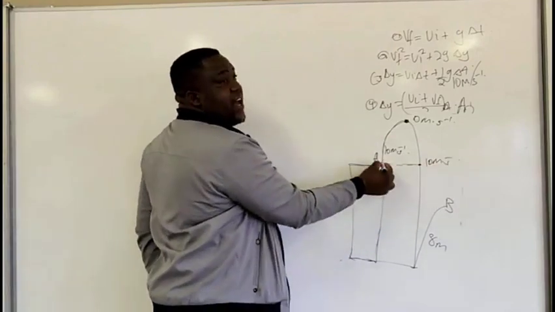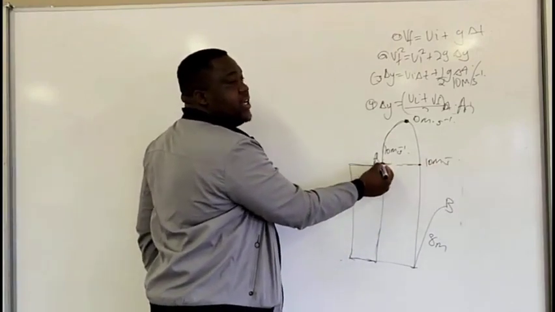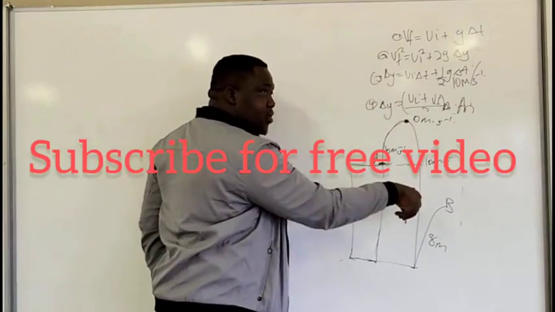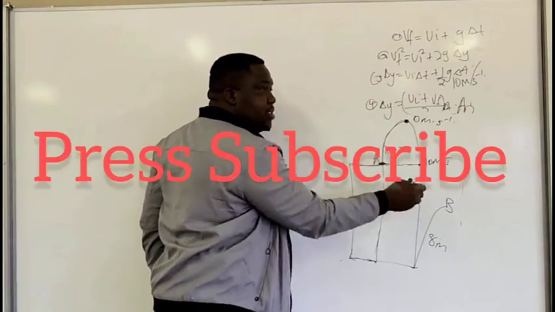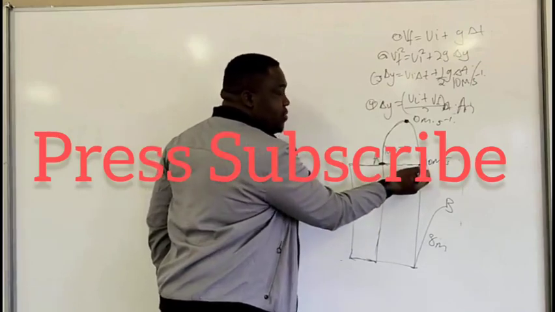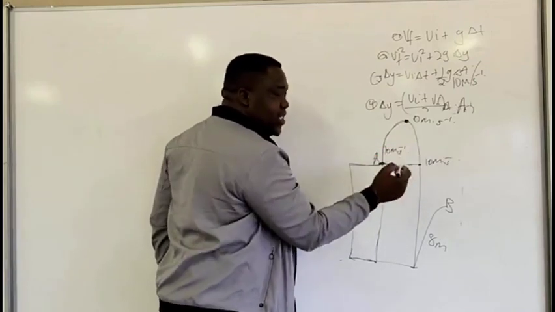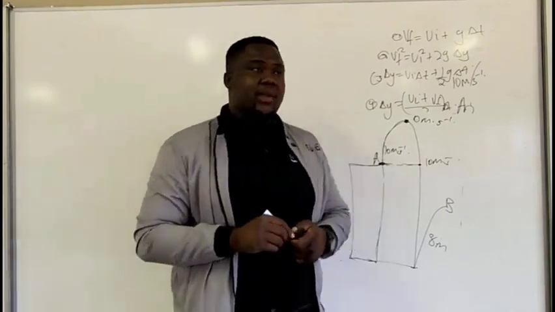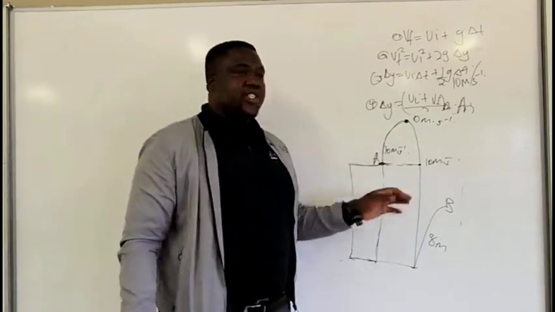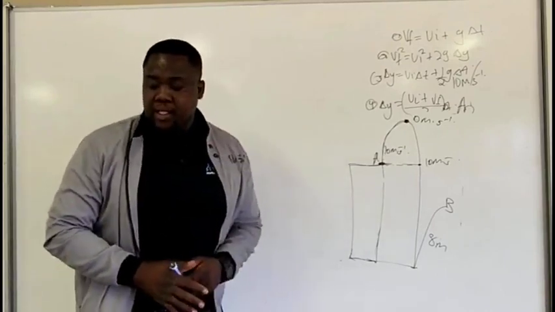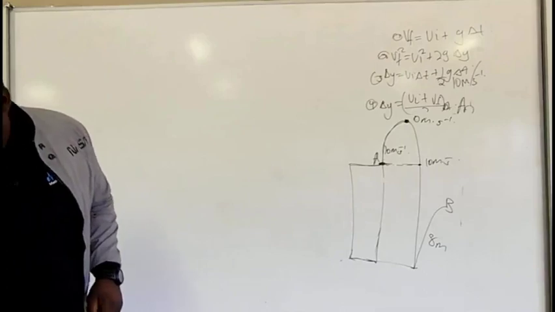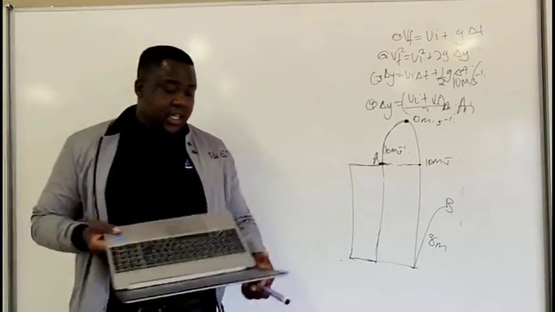Since it left the edge of the building at 10 meters per second when it was going up, when it comes down it will move at 10 meters per second when it reaches the exact position which is at the same level as the edge of the building.